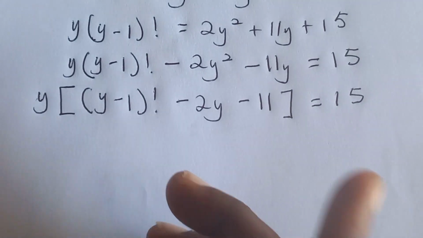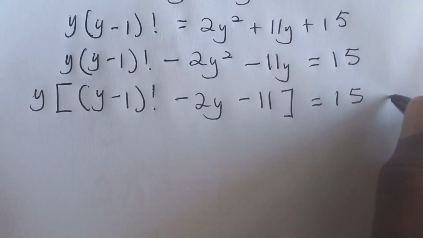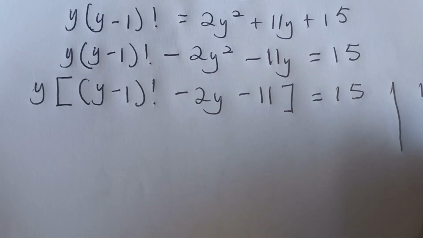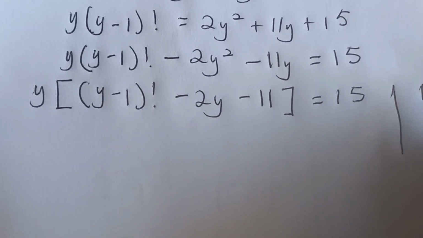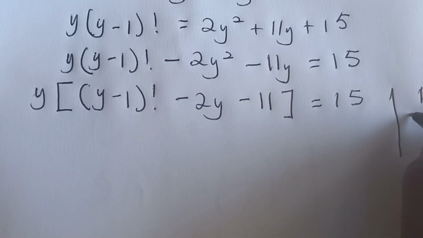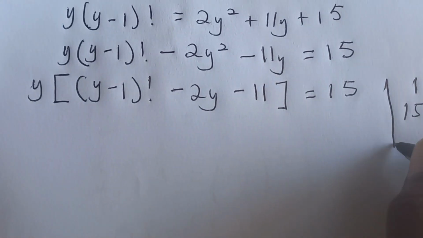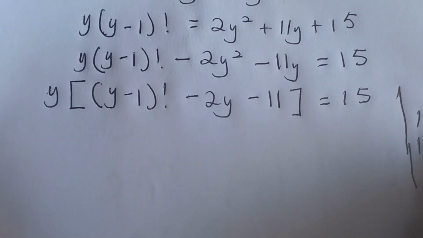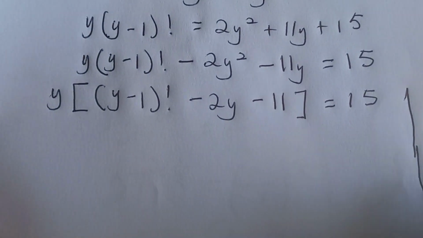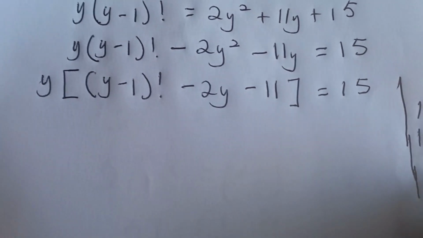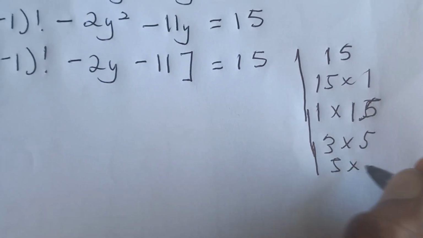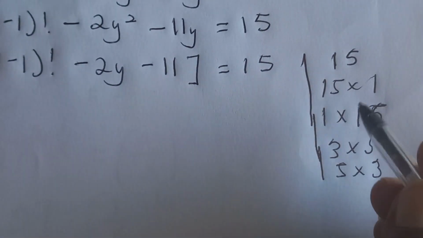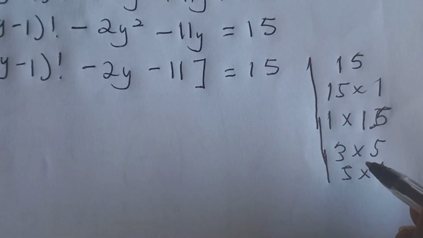So in this case, 15 can be expressed as positive products: 15 times 1, 1 times 15, and other positive factors, 3 times 5 and 5 times 3. So we have these factors as products of 15.